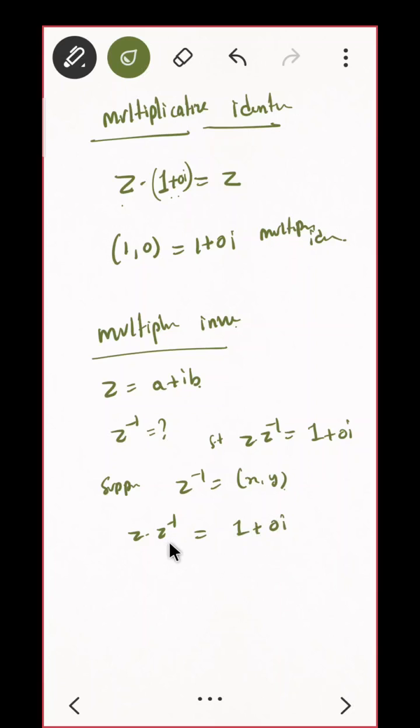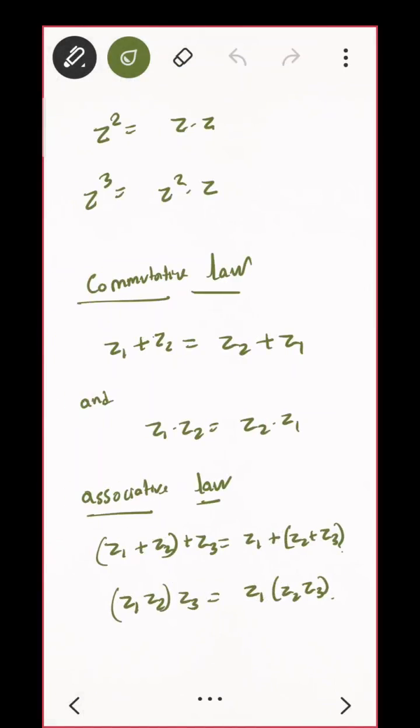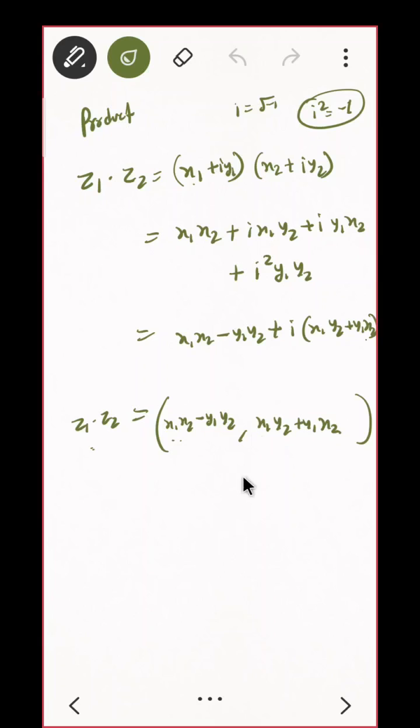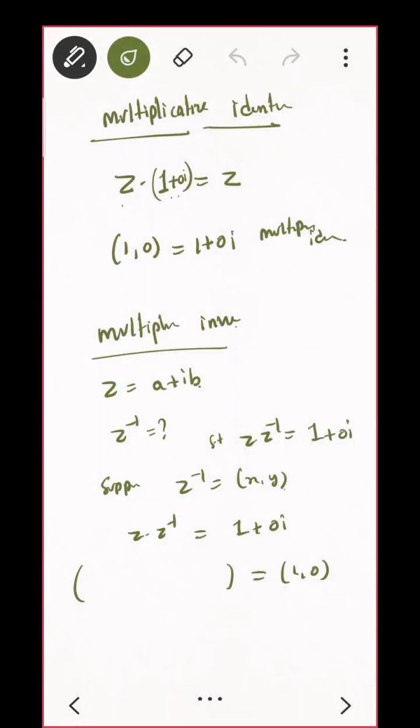So what is your z into z inverse? I'll write it as 1 comma 0, and z into z inverse, you already know how to multiply this. I hope you know that. You can do it by opening the bracket, or if you remember this formula, that is x1 x2 minus y1 y2, and next is x1 y2 plus y1 x2, that is you just have to multiply the real parts and subtract the imaginary parts.